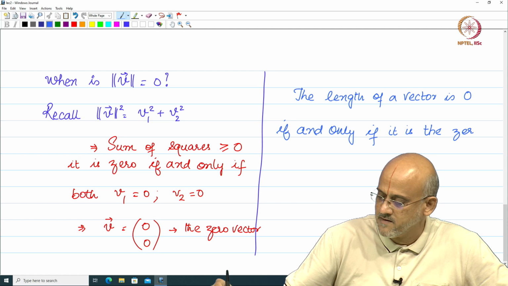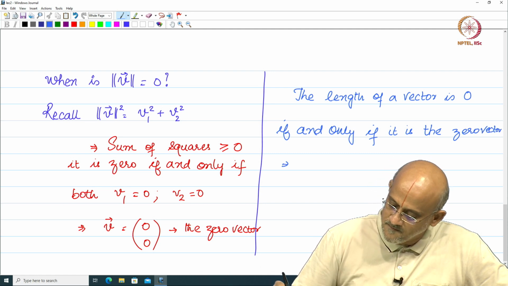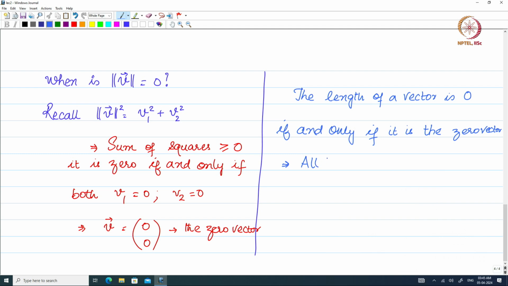What do we mean by that? We say that all the components are 0 here. That means all components of the vector are 0.